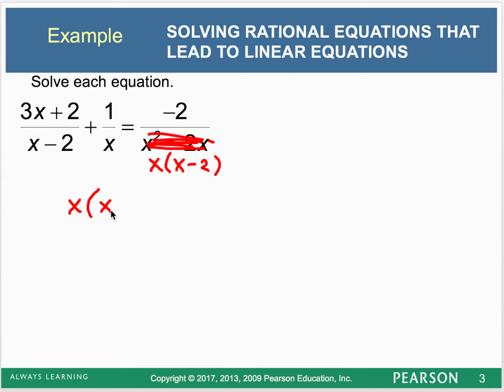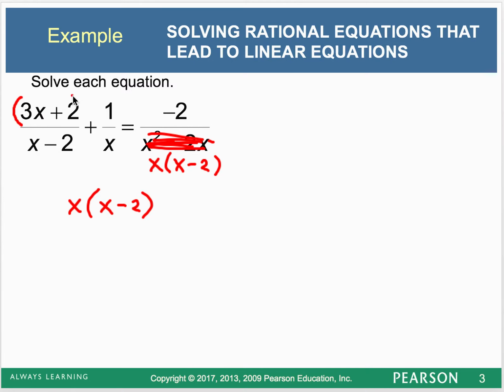So anything they have in common, I take them. And then I take any extras. Well, there's nothing extra there besides what I already have written. Nothing extra here, nothing extra here. That's my denominator.